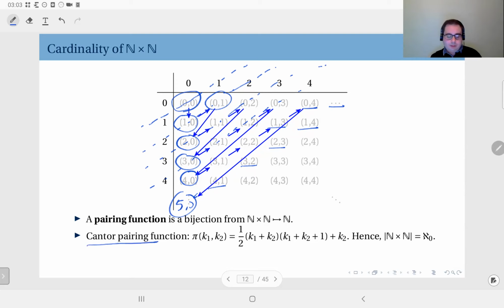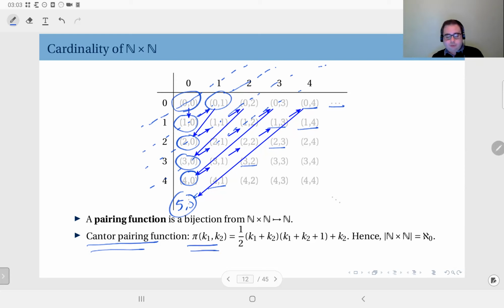The German mathematician Georg Cantor came up with this idea, and he is seen as the father of modern set theory. He has a lot of results regarding infinite sets and axiomatic set theory, etc. But in this context, the Cantor pairing function is denoted in this way.